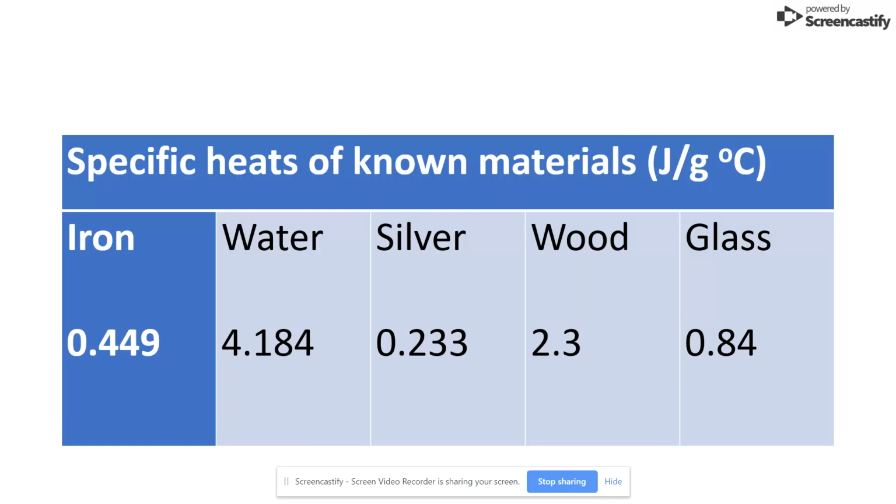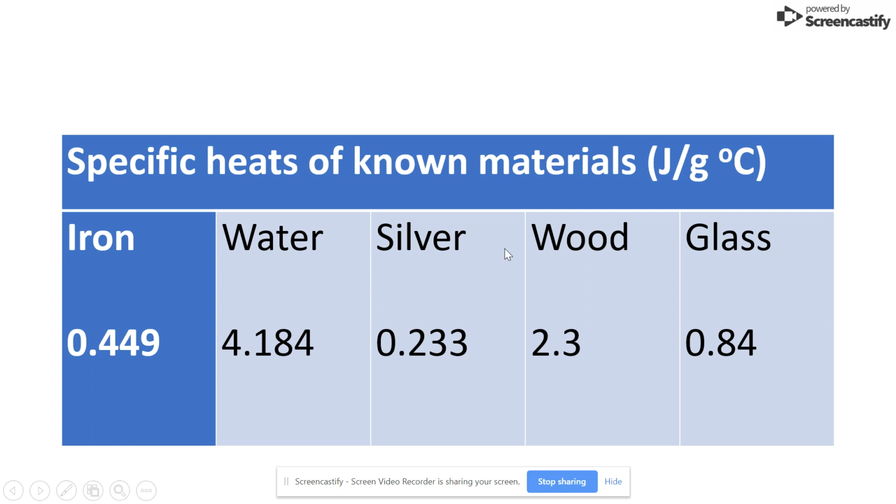All right, here are a couple of specific heats of known materials. Iron, as you can see here, is 0.449. Water is 4.184. Silver is 0.233. Wood is 2.3, and glass is 0.84. The purpose of this is to show you the difference between metals and non-metals.